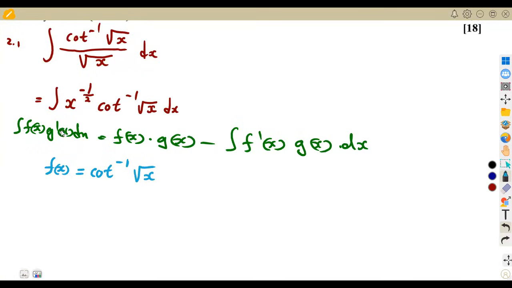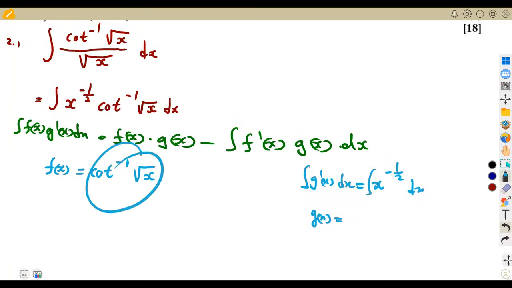And the rest, which is g prime x dx, is what is remaining here, x to the exponent of minus a half with respect to x. So we integrate both sides to obtain g of x.